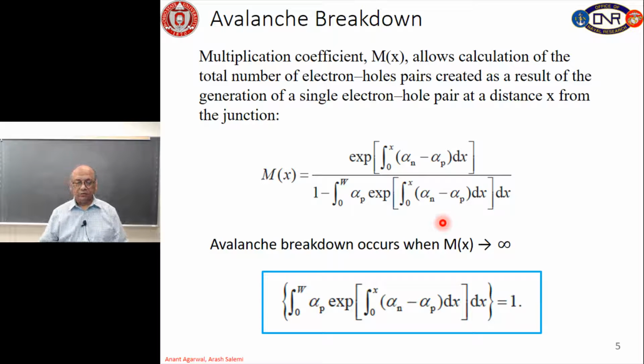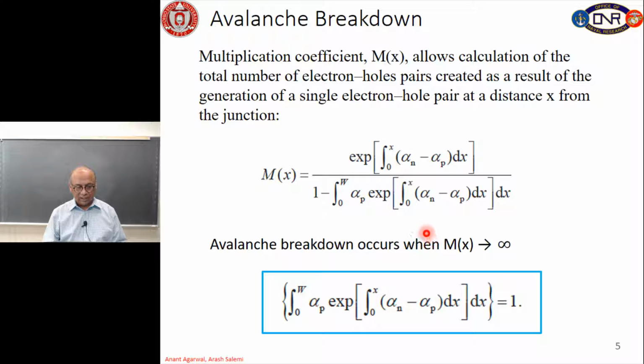Again the multiplication factor is the total number of electron hole pairs created as a result of a generation of a single electron hole pair. That means a single electron hole pair is created and the electrons and holes accelerate in opposite directions, and they create more electron and hole pairs as they collide with silicon atoms. So, M simply represents the total number of electron hole pairs created by one electron hole pair.